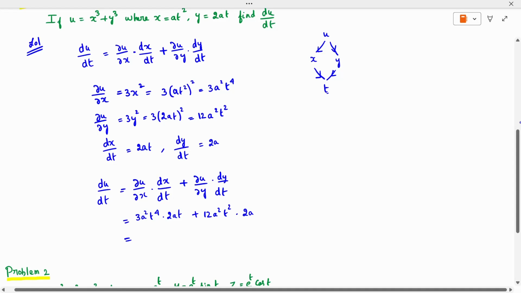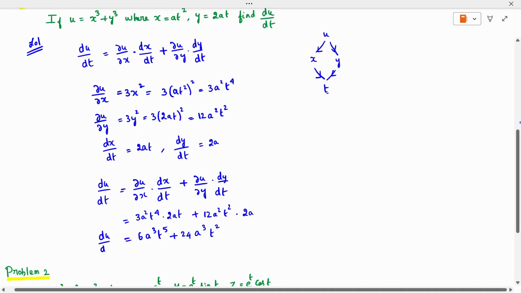So when I multiply 3 into 2, 6a cube t power 5, 4 plus 1, 5. So plus 24a cube t squared. Leave it as it is, or take common terms outside.